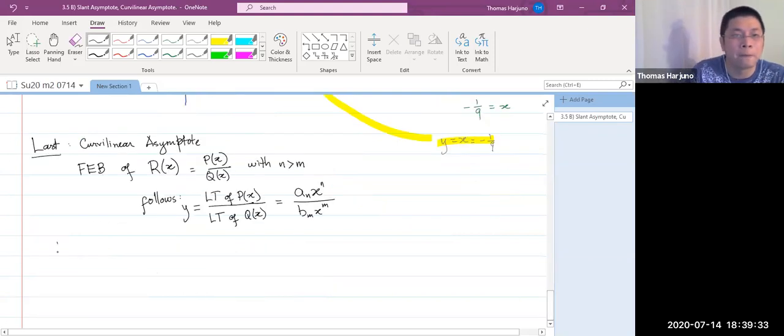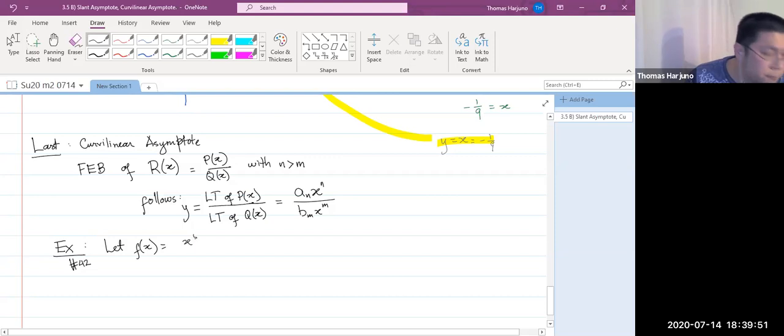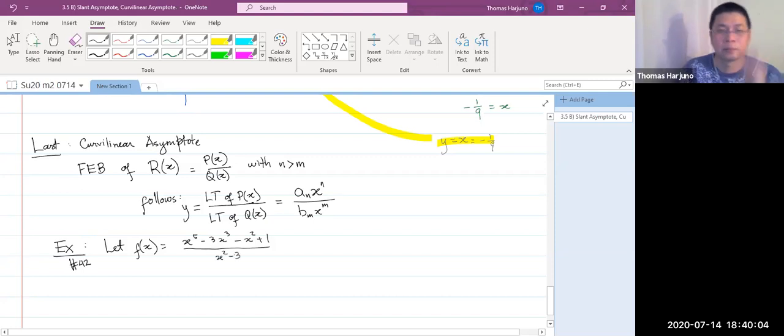For example, let f(x) equal to, I pick a question from number 42. Number 42, let f(x) equal x to the 5th minus 3x cubed minus x squared plus 1 over x squared minus 3. I think the top one I can factor.